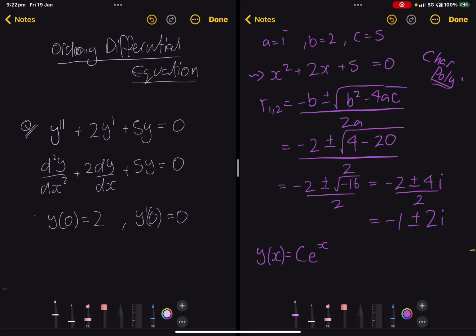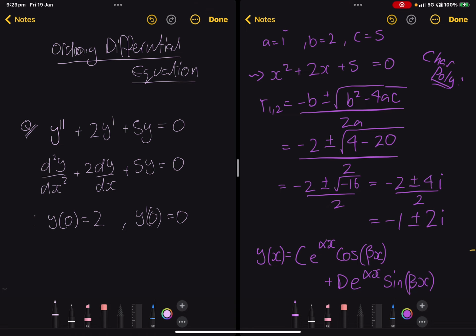So we want a general form for these before we plug it in. So let me be a little careful with how I'm writing this. The specific form that we would like is c times e to the alpha x times cosine of beta x plus d times e to the alpha x times sine of beta x.